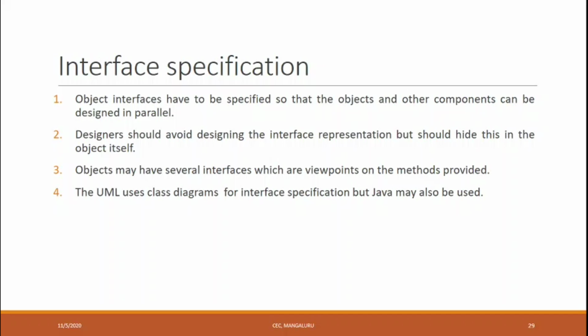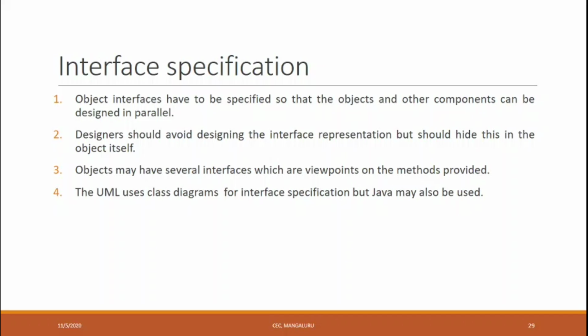Object interfaces have to be specified so that the objects and the other components can be designed in parallel. Once an object is created and given to the developer, they may mess up the interfaces, because some objects have to be called regularly. If the interfaces are not designed in parallel, there may be a problem in designing the application.